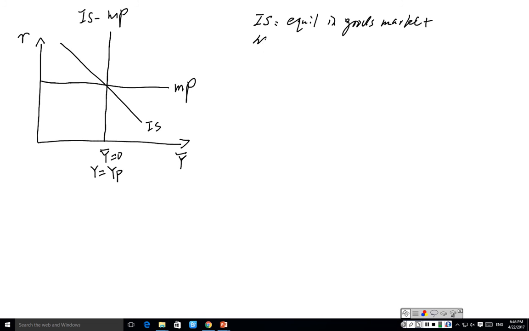The MP curve is where the real interest rate is determined by the Fed. So the first one is a goods market. The second one is more like a money market. These two together determine the equilibrium output on the graph.